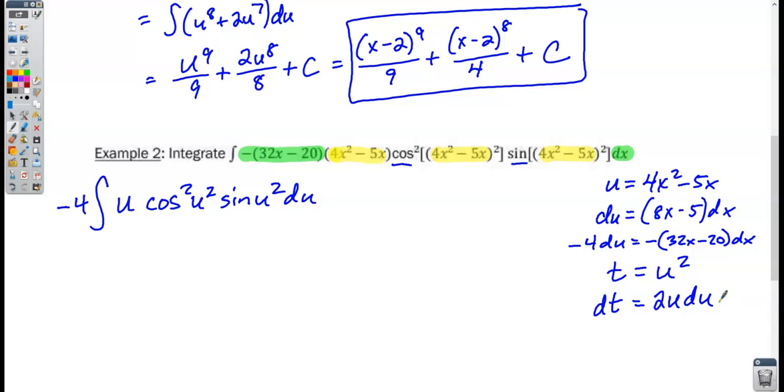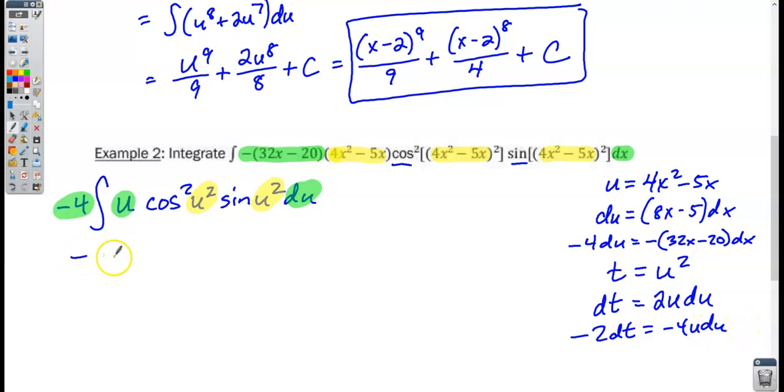Okay, and let me do my highlighting here. I've got t equals u squared, so there's a u squared, there's a u squared, inside of the cosine and the sine function. And what's left is negative 4u du. So I can get that if I just multiply this by negative 2. That's negative 4u du is equal to negative 2 dt.